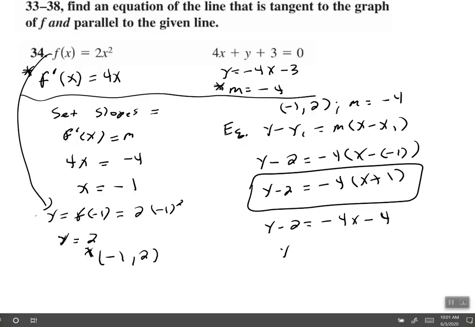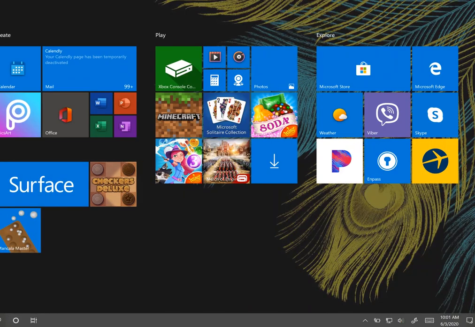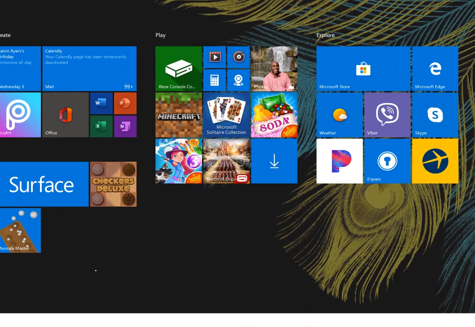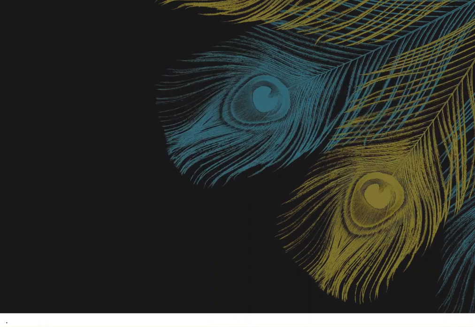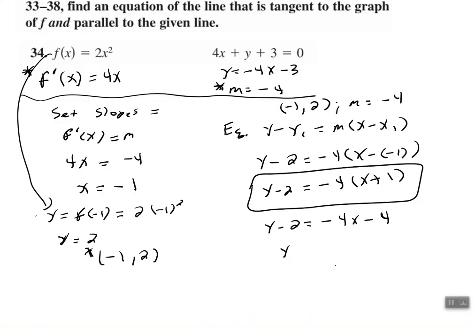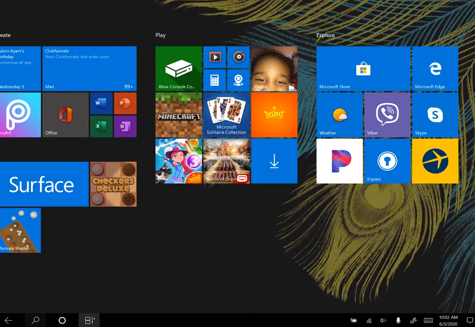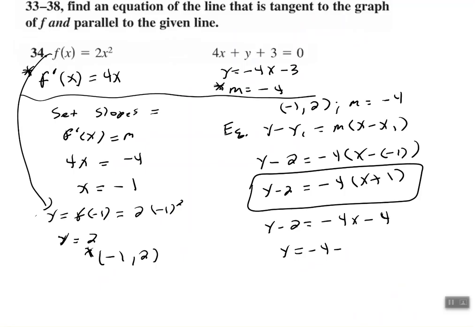Subtract 2 from both sides. Not sure what's going on with this computer, but we're about finished.